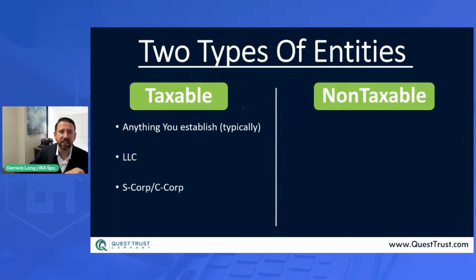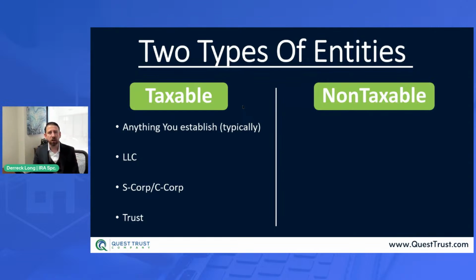Therefore, if you set up an LLC, a C Corp, an S Corp, or a trust, all of these you see here on the screen are also considered taxable entities. If all of these are taxable entities, then any profit you make must be taxed. But there are non-taxable entities that we can use to do the same type of thing. Anytime I say this, I always get questions about a church, a nonprofit organization, a charity.